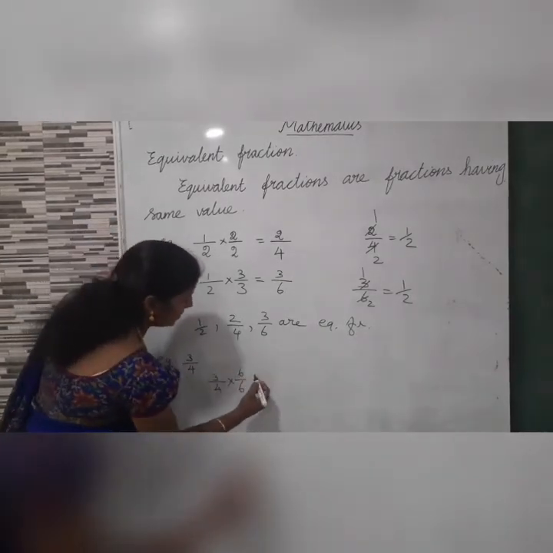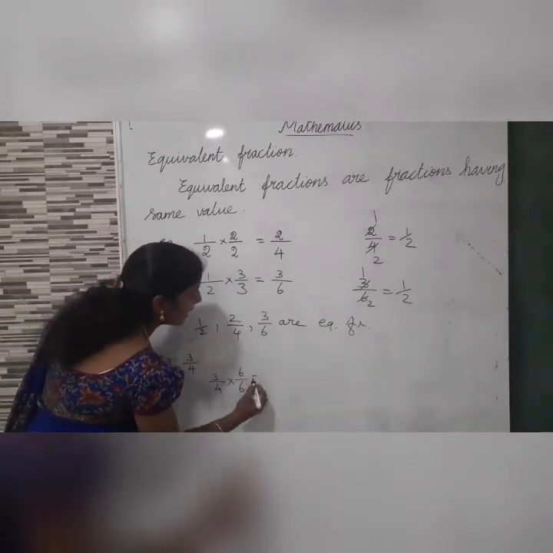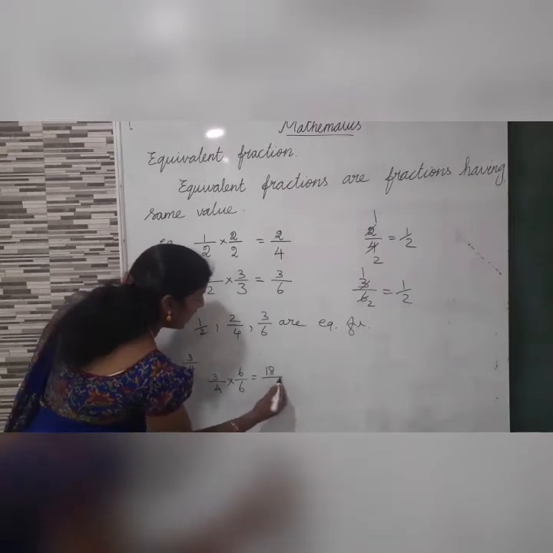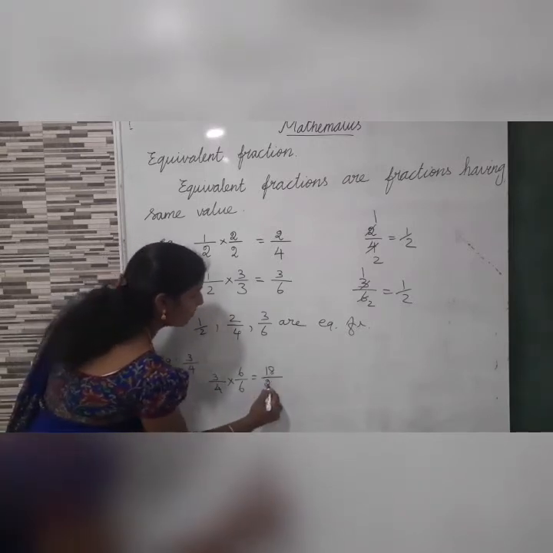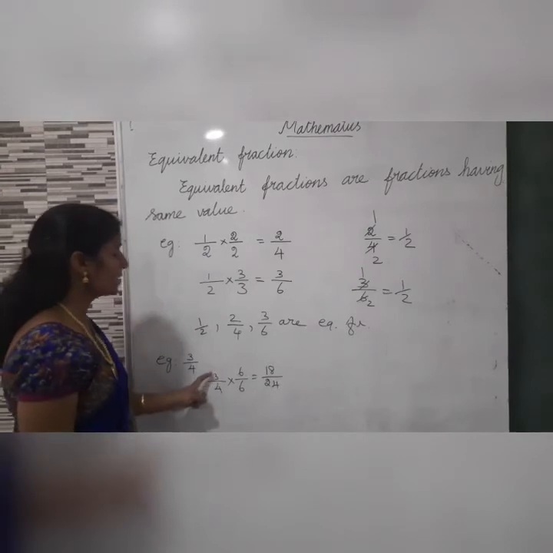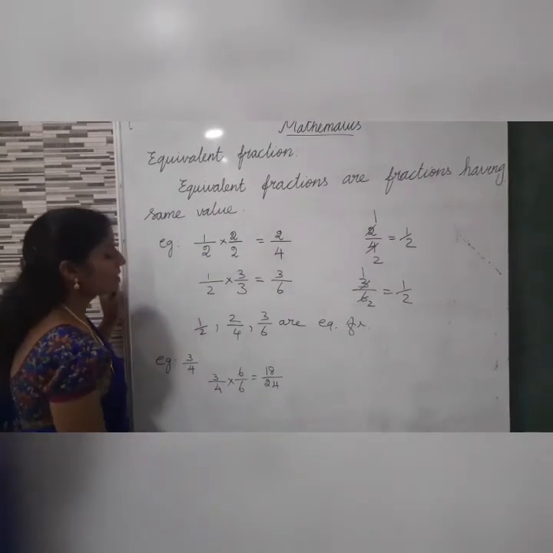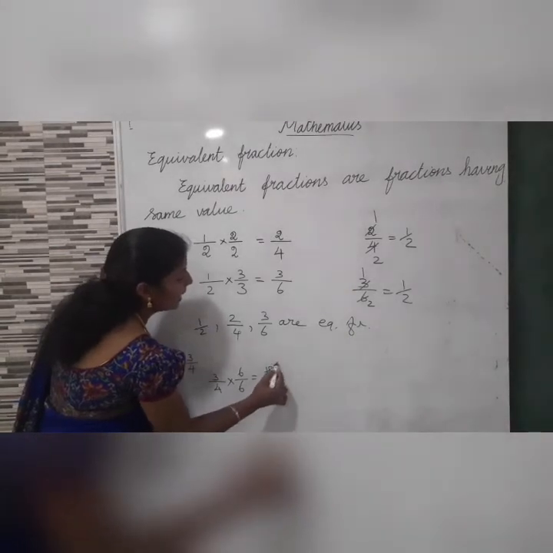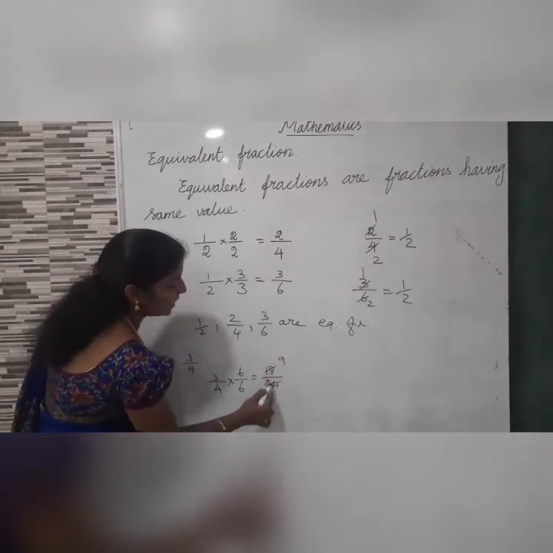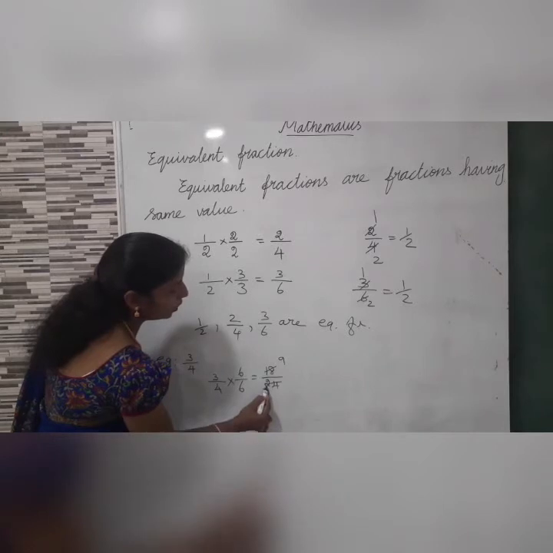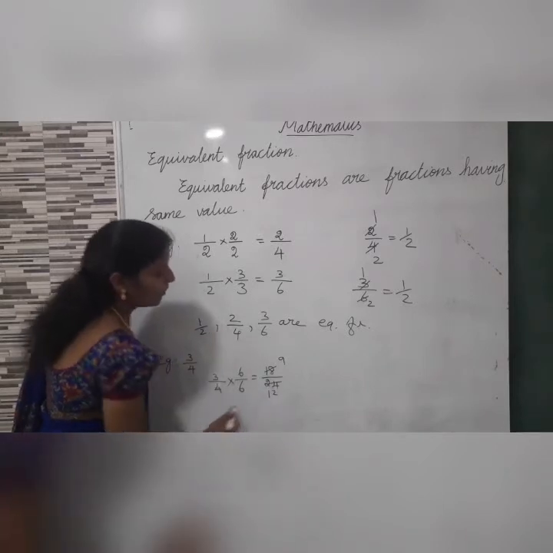That is a must. Now 6 3s are 18 divided by 6 4s are 24. Now can we simplify? 9 2s are 18, 1 2 is 2, then 2 2s are 4.